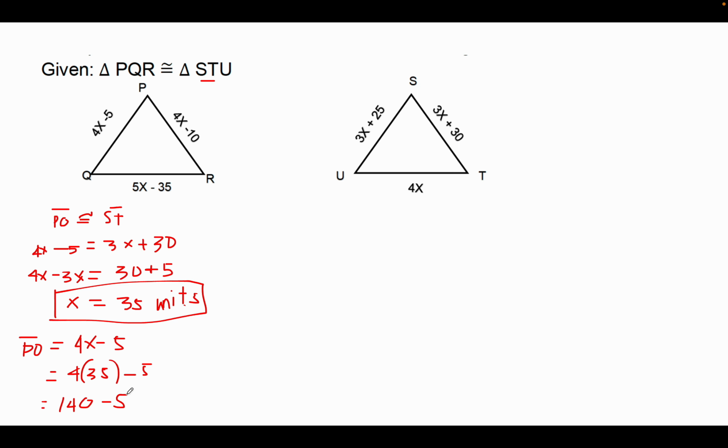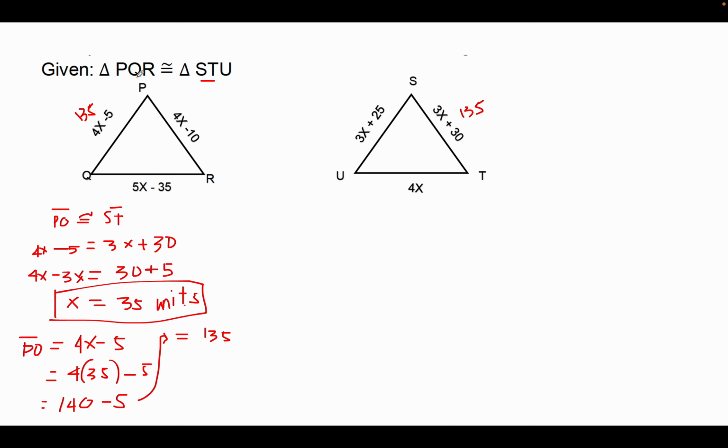Verify the computation, class. And we have 140 minus 5 is equal to 135. Is my computation correct? So 135 units ang line segment PQ. Tama ba, class? Tama po, sir. Okay, so 135 units. So don't forget to write units. Then, that means this is also 135.